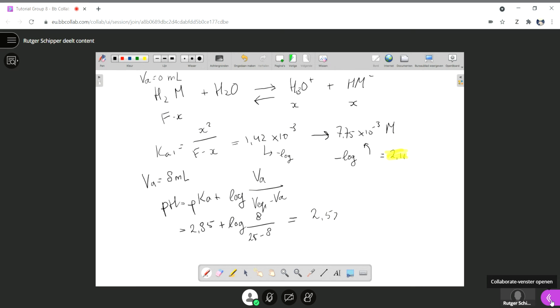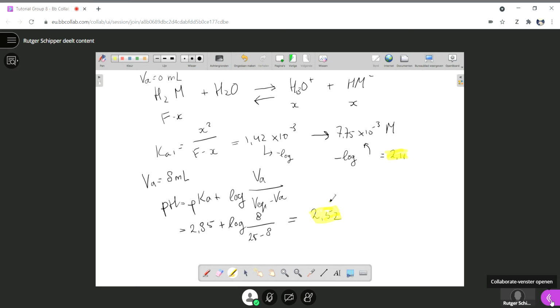It's 2.52. Right, so we get 2 points in our titration, 2.11 and 2.52. So we get an increase of the pH. So we know our calculations presumably were right.